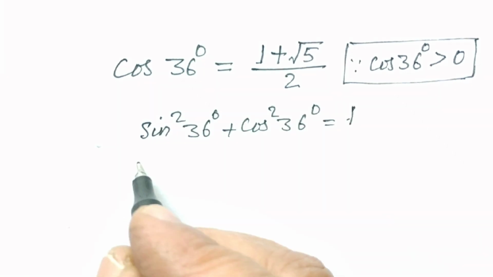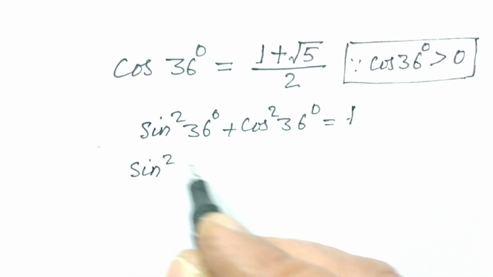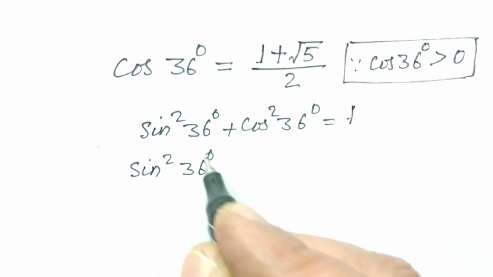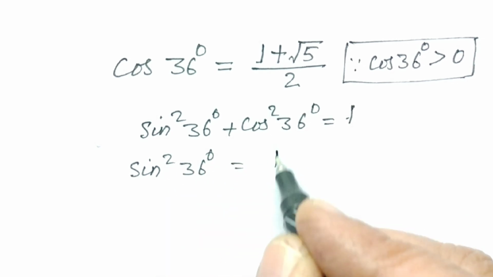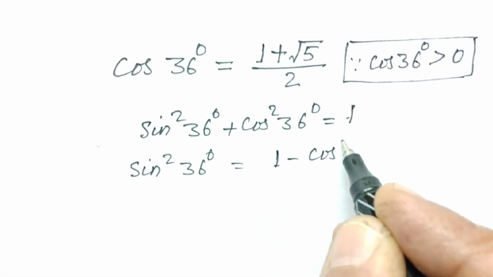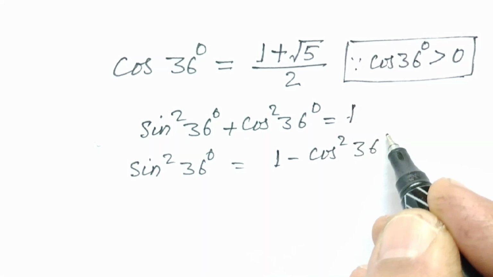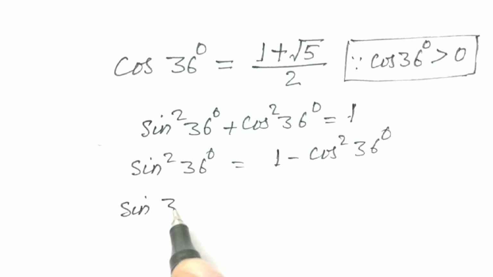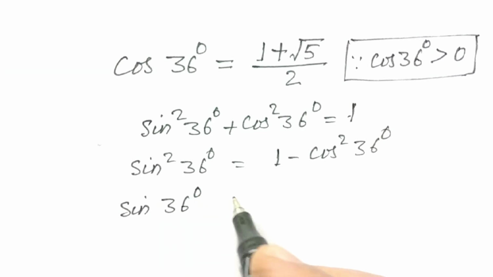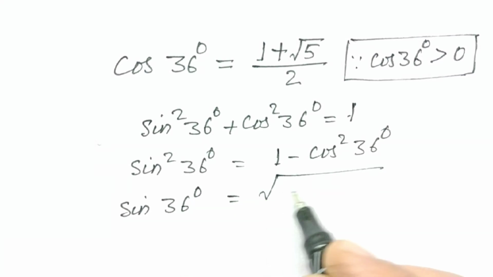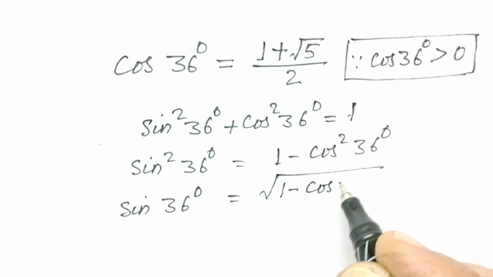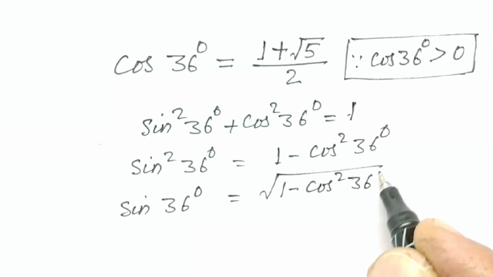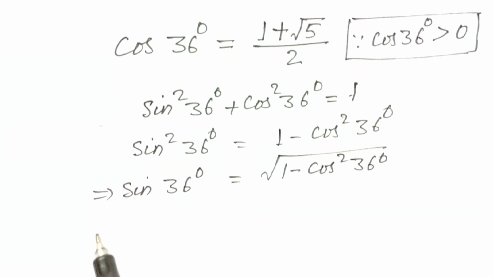As we know, sin square 36 degrees is equal to 1 minus cos square 36 degrees. Fine. So sin 36 degrees is equal to square root of 1 minus cos square 36 degrees. Right?